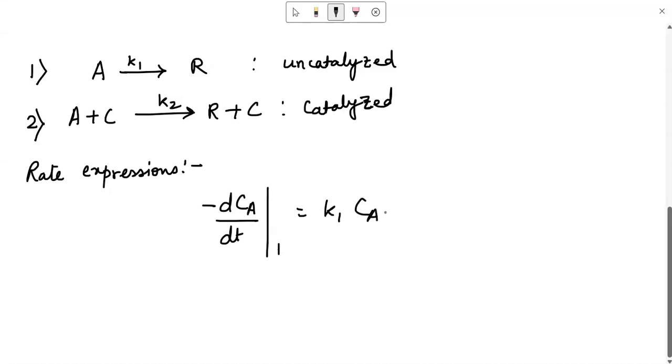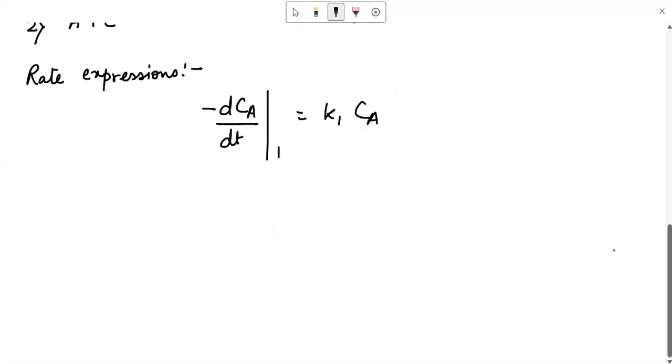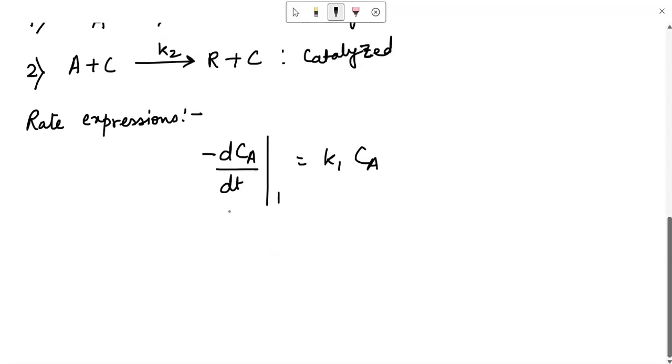This is fairly simple. For the catalyzed one, minus dCA/dt for reaction 2 equals K2 CA CC. The reaction would proceed even without a catalyst present, and for the catalyzed one, the rate is directly proportional to the catalyst concentration as well.